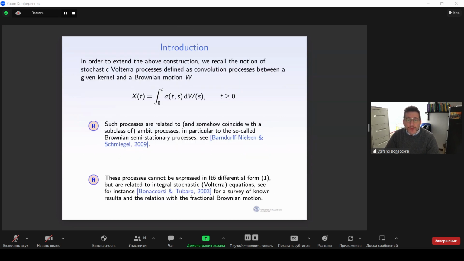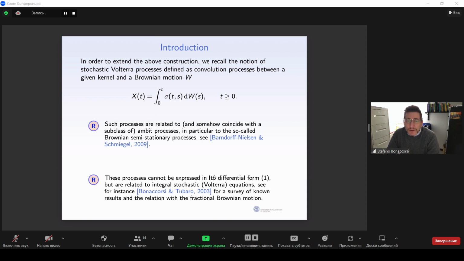What we will do is to construct these averages, so the empirical means processes, by choosing a different kind of kernel. And in order to do this, the simplest way to start is to choose a Volterra process X_t instead of the Ornstein-Uhlenbeck process given before.